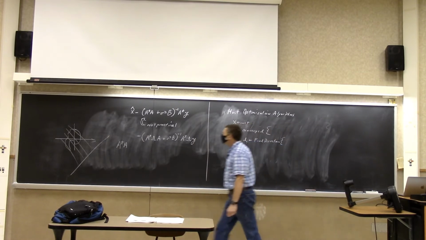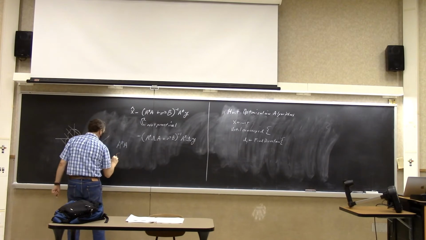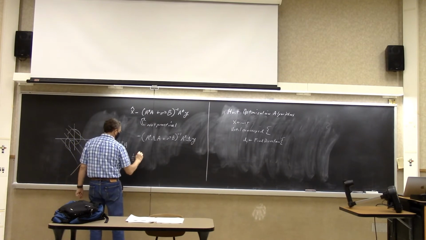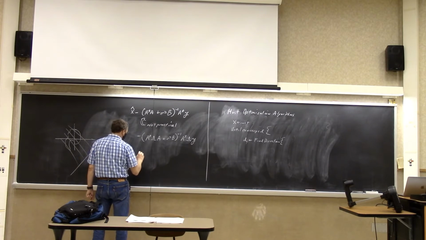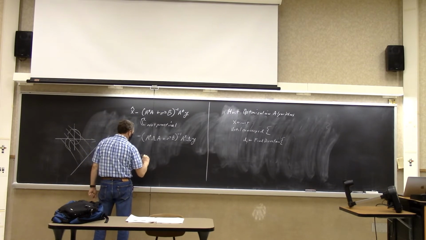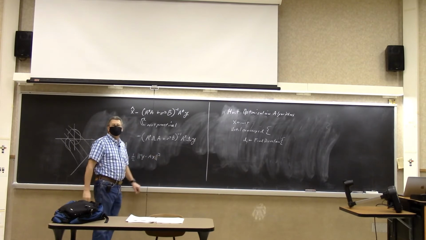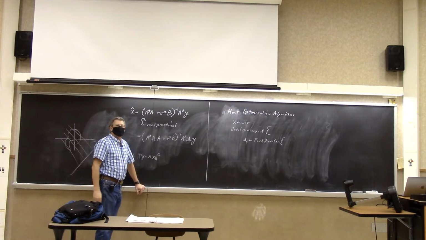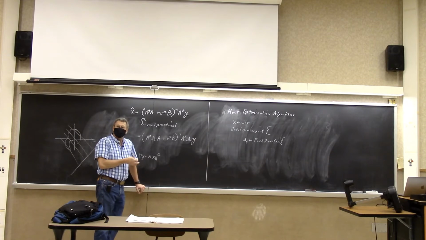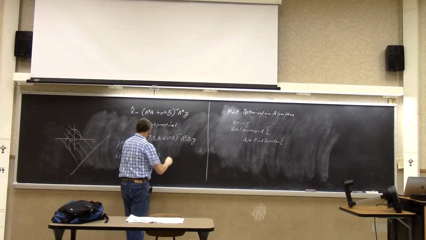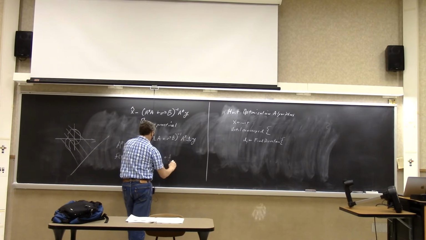So f of x is equal to 1/2 norm of y minus Ax squared, plus 1/2 x transpose Bx. We'll leave out the lambda just to simplify things a little bit. But the lambda is actually important in practice because it tells you which measurements are more reliable.